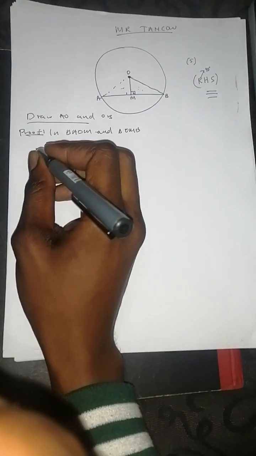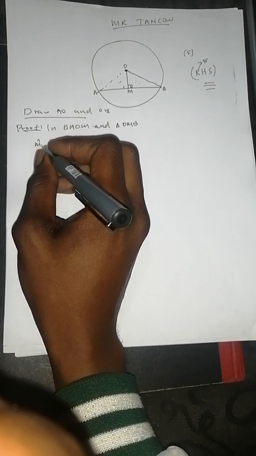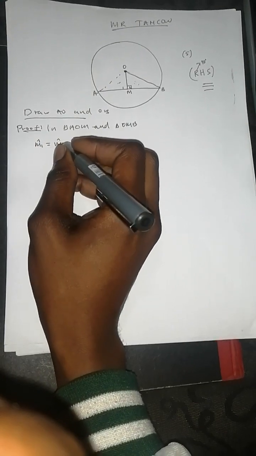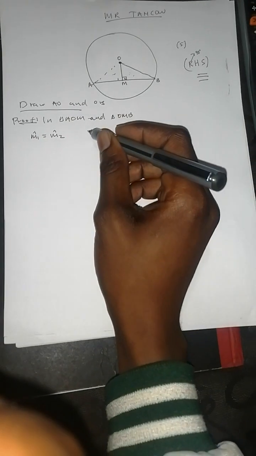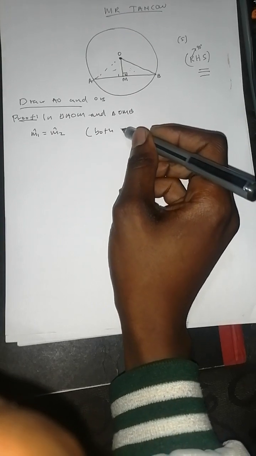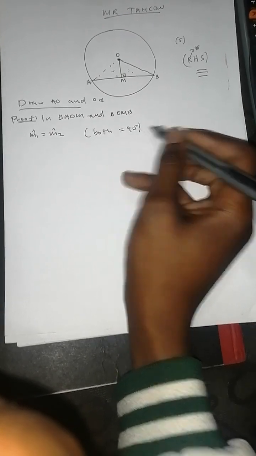Angle M1 is equal to angle M2. Reason: both equal to 90 degrees, given.